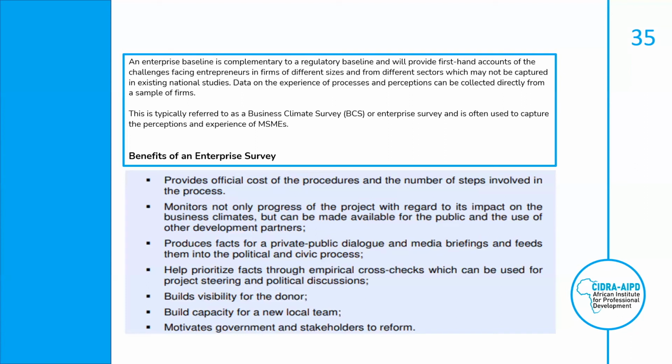Produce facts for a private public dialogue and media briefings and feeds them to the political and civic process. Help prioritize facts through empirical cross-checks, which can be used for project steering and political discussions. Builds visibility for the donor, builds capacity for the new local team, motivates government and stakeholders to reform.